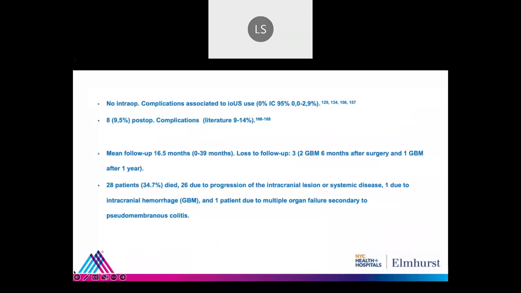We had a percentage of post-op complications similar to the literature rates, counting DVT, infections and all the complications that you usually count. The mean follow-up in our study was 16 months, and we had 3 losses to follow-up, but they were GBMs, 1 after a year and 2 after 6 months.